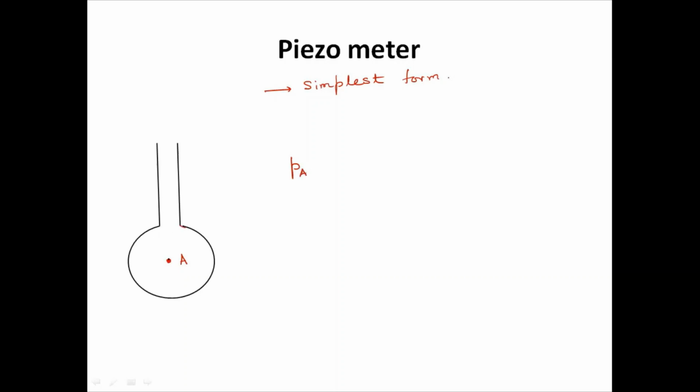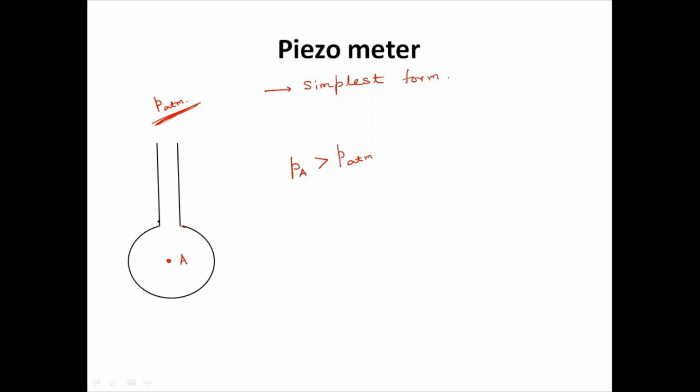As the pressure PA is more than atmospheric pressure, what will happen? Outside is the atmosphere, where the pressure is less. Here PA is the higher pressure.